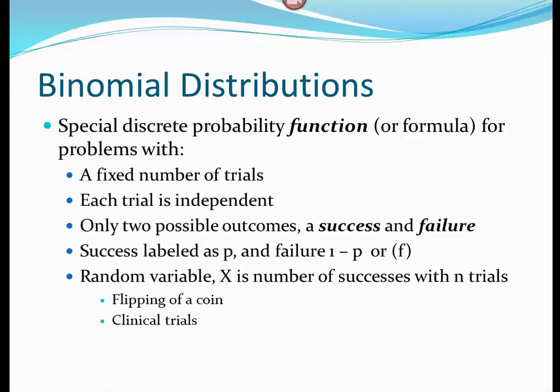Either they get well or they don't. So we call that a success or a failure. And also defective samples in a product line. Either they're defective or they're not defective. So we have two outcomes. Each item, each sample is independent of the other ones.